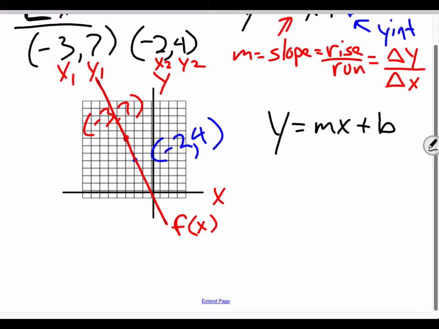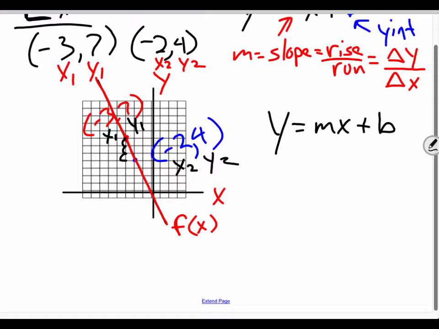But the slope is something I can calculate. So the slope is the rise over run. If this is x sub 1, and this is y sub 1, and this is x sub 2, and this is y sub 2, then my rise, I'm going to go down 1, 2, 3.